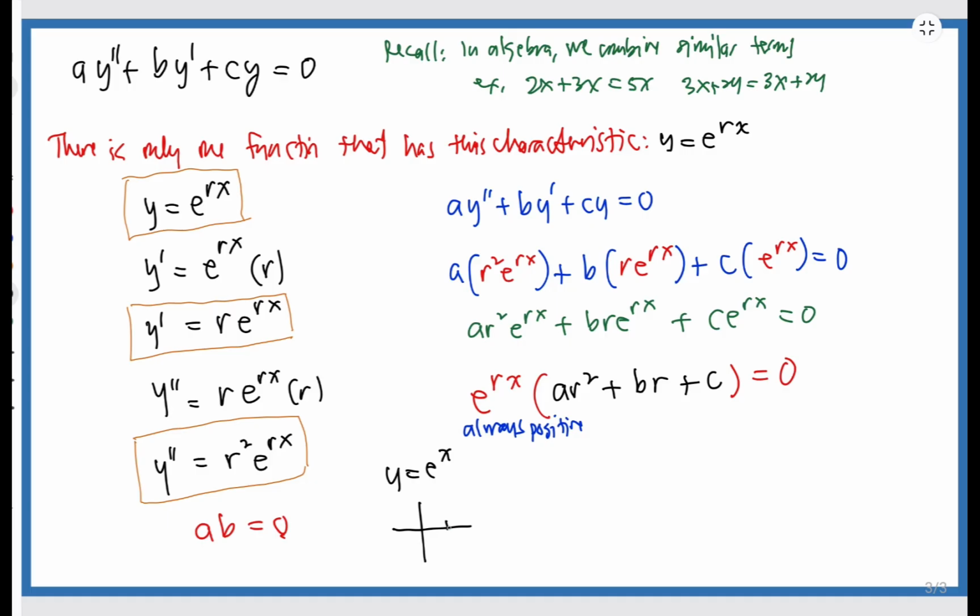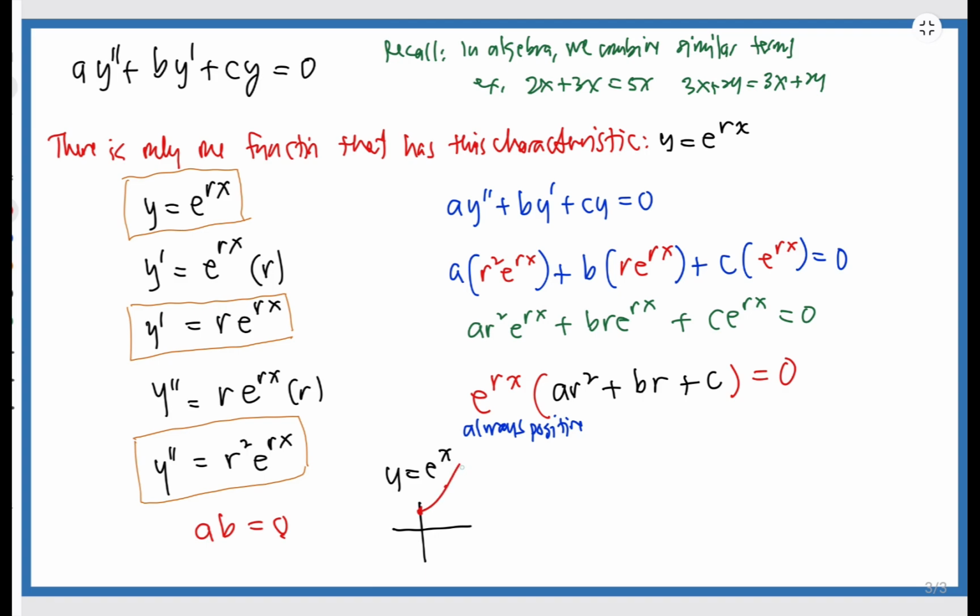So it passes through 1. When x is 0, y is 1. When x is 1, y is e. So, like that. It's exponential.